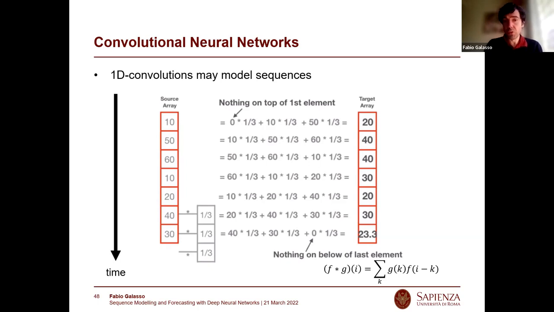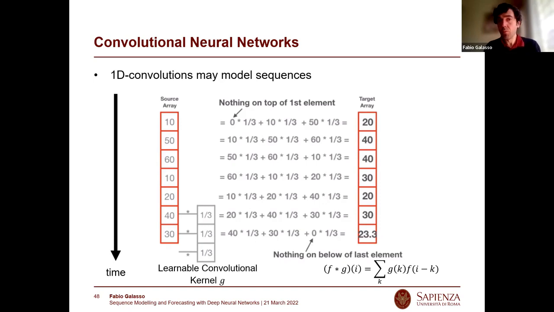Of course, this is just a very simple example. This is a one layer CNN, a one-dimensional convolutional neural network. Because we apply that to time, we call it a temporal convolutional network, so TCN.